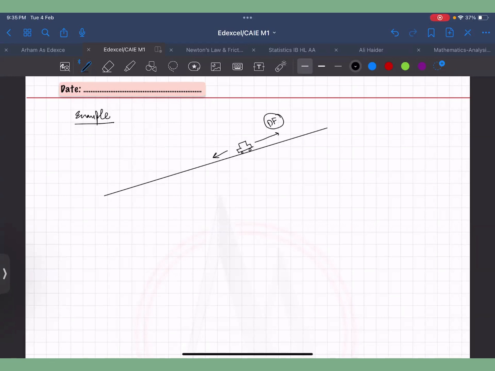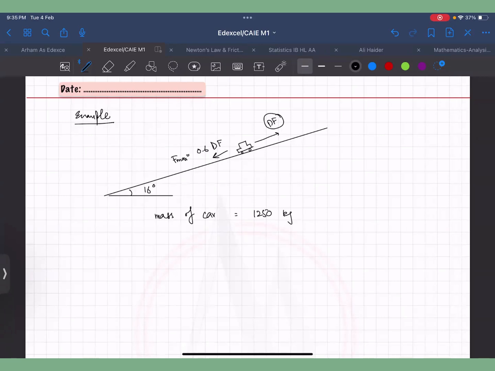Let's suppose it is 0.6 of the driving force. The mass of this car is 1250 kg. The angle of inclination, let's suppose, is 16 degrees.